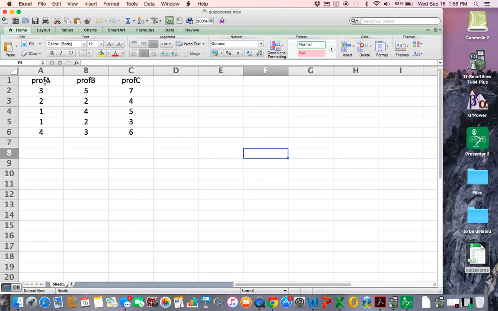Again, not an extremely interesting data set, but nevertheless something that we're going to use to examine ANOVA. So the first thing I'd want to do is put my quiz scores in one column. So I'm just going to do a copy and a paste.